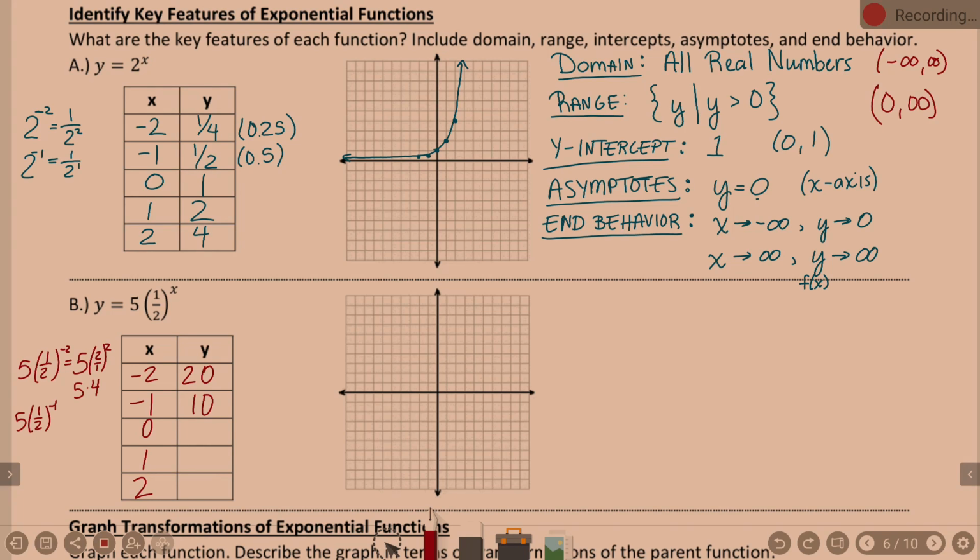Well, the negative says to flip it upside down, yes? So it's 5 times 2/1 to the first. 2/1 is 2. 2 to the first is still 2. And 5 times 2 is 10. Now, what about this 0?